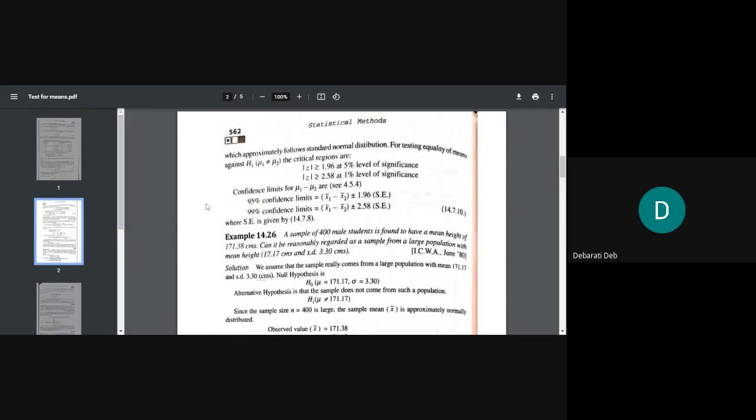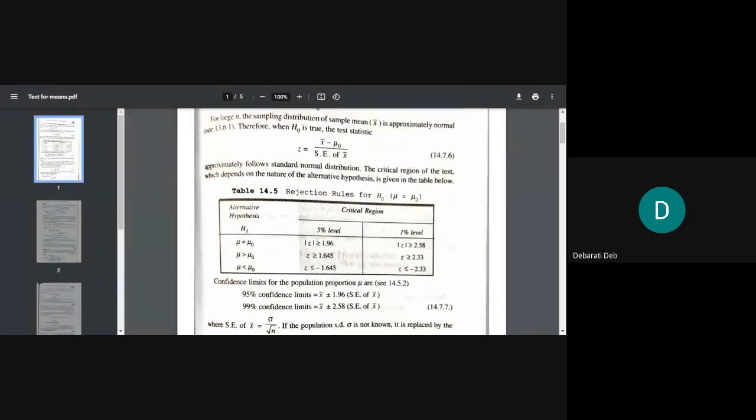If you are following properly the previous classes also, then in today's class also you will be able to calculate, because simply everything is given. X bar is given, 171.38, that is the sample mean. Then mu naught also you know, which is 171.17. You can write mu also, no need to write mu naught. Formula was what? If you are getting confused with observed and expected, you can simply use this formula, x bar minus mu naught divided by standard error of x bar. So first you will calculate the value of standard error of x bar.